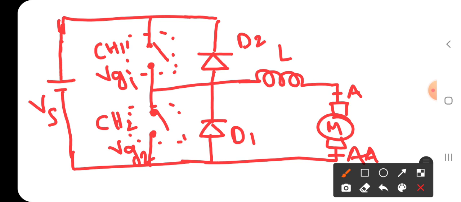Here I am taking the gate voltage instead of gate current because I want to take this switch like this.